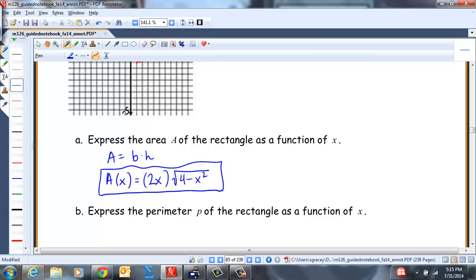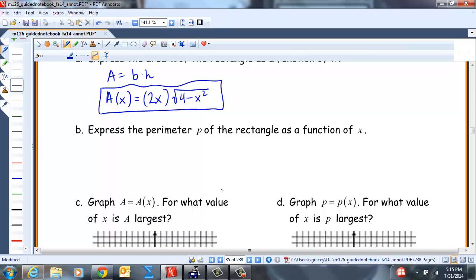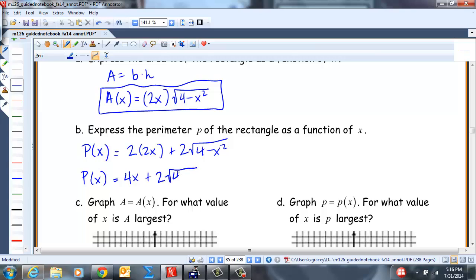Now let's express the perimeter of the rectangle as a function of x. You'd be doubling the base and doubling the height, so we would have 2 times 2x plus 2 times root 4 minus x squared. So perimeter in terms of x will be 4x plus 2 root 4 minus x squared.